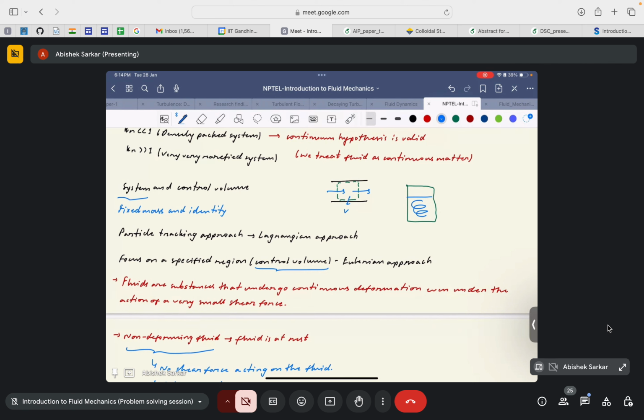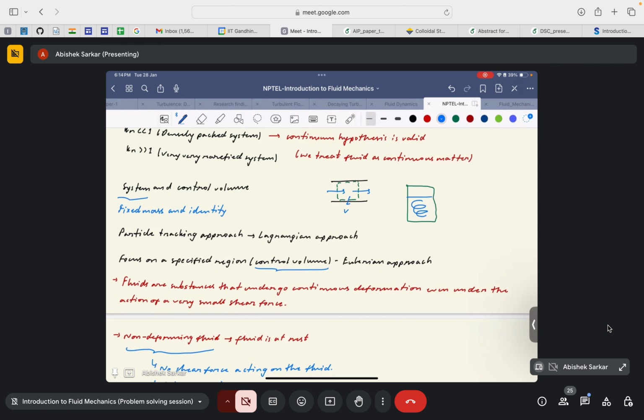I'm not talking about the flow rate, but the identity of the fluid that passes through this region changes continuously. Even if the mass and the volume are fixed, the identity changes. That's why in that case we cannot apply the Lagrangian approach to this particular control volume, because the identity is being changed.